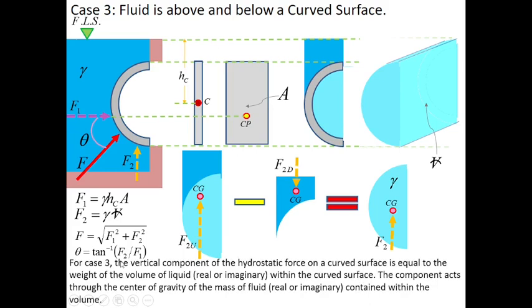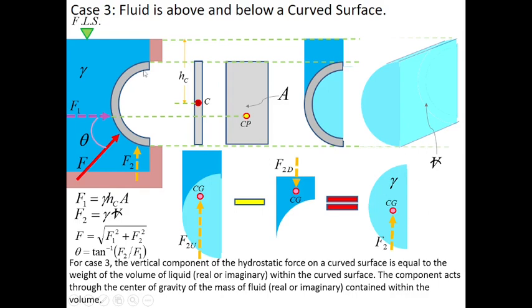So, for case 3, the vertical component of the hydrostatic force on a curved surface is equal to the weight of the volume of liquid, real or imaginary. So, is equal to the volume of the liquid, real or imaginary, within the curved surface.